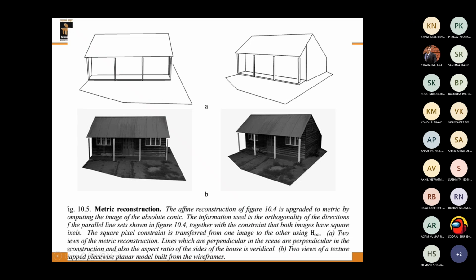Then after discussing the different ambiguities, we saw how we can reconstruct a scene in the projective space.